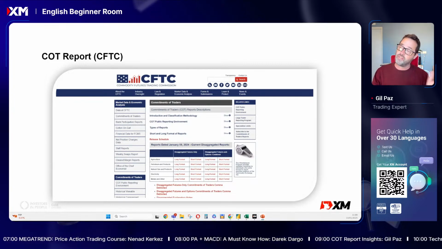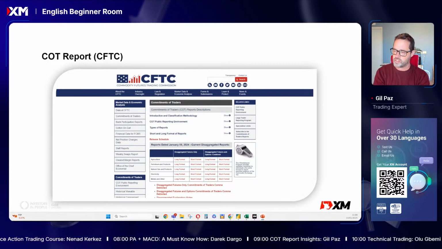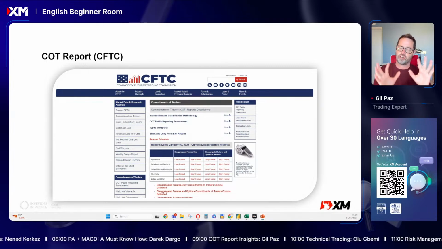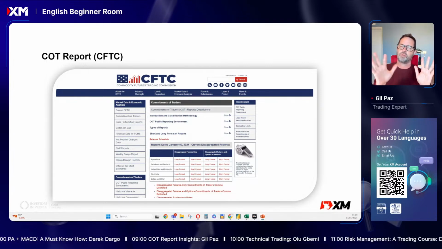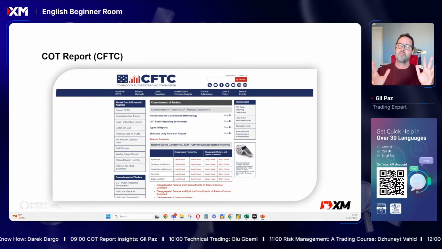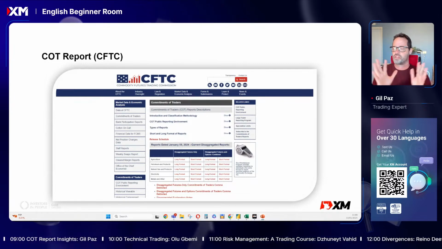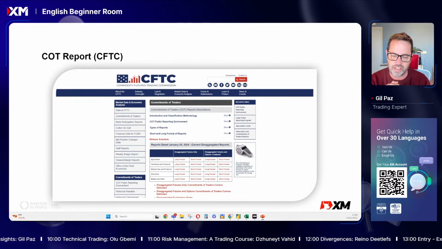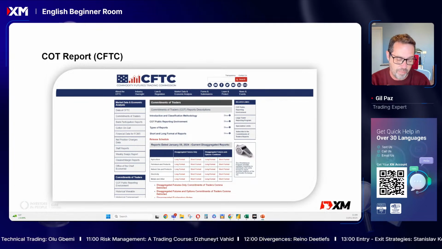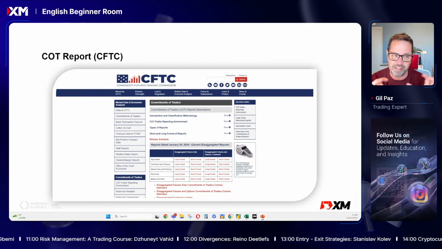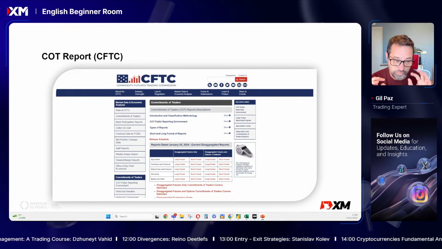By the way, also more and more for currencies and cryptocurrencies, even though cryptocurrencies fall a little bit between both regulatory bureaus, the SEC and the CFTC.